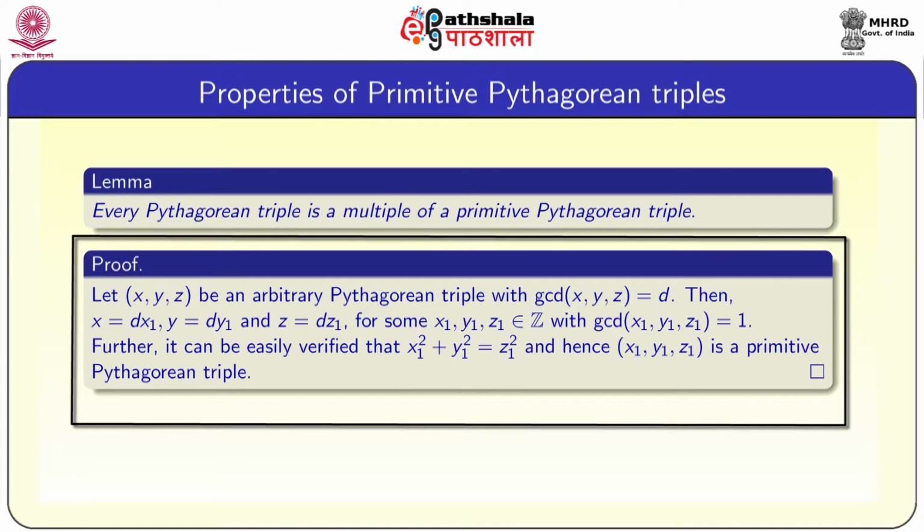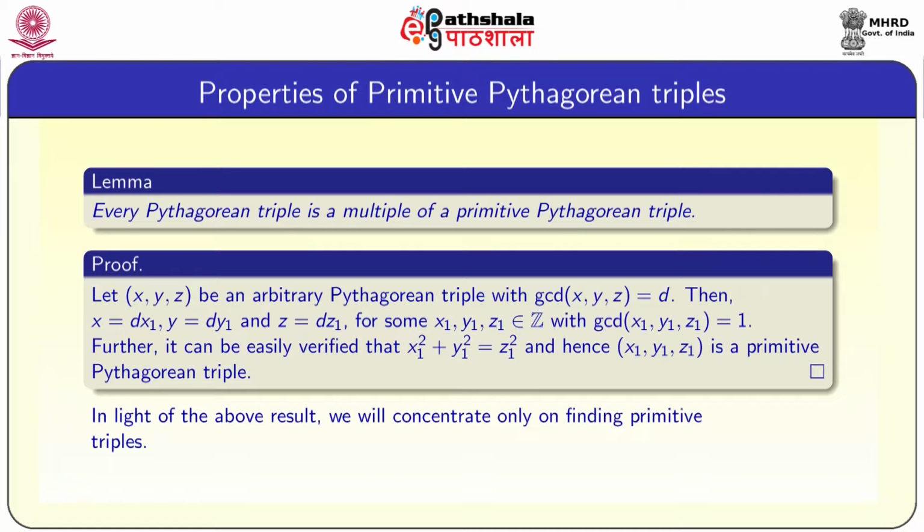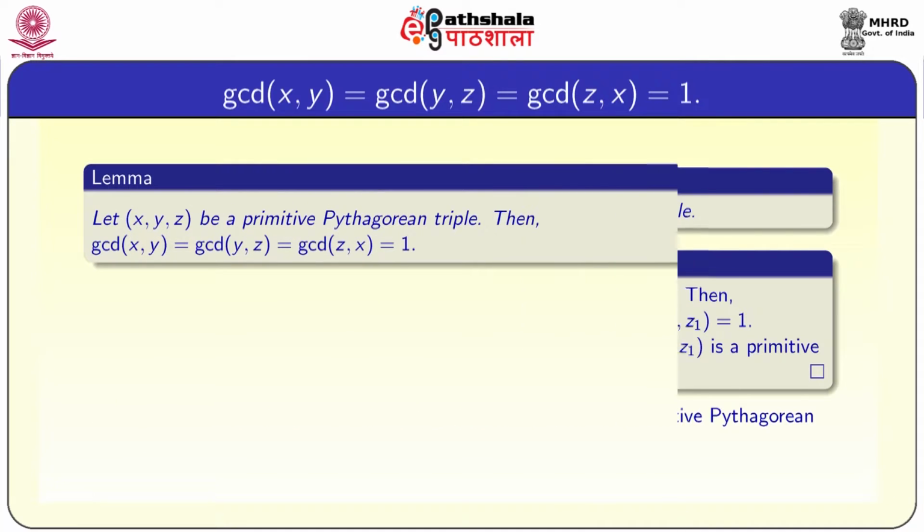Hence, x1, y1, z1 is a primitive Pythagorean triple, so that x, y, z is equal to d times x1, y1, z1. So, this Pythagorean triple x, y, z is derived from the primitive Pythagorean triple x1, y1, z1. In the light of the above result, we concentrate only on finding primitive Pythagorean triples.